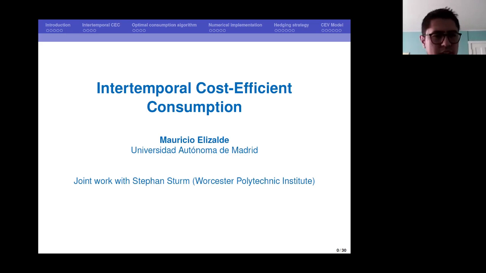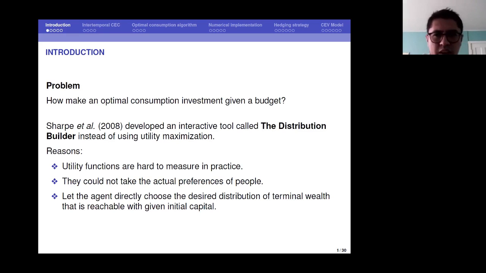I should mention that this is one of the main topics of my thesis, and at the end I will describe some open questions that we will try to solve. If you have questions or feedback, I will appreciate it. Okay, let's start with the problem.